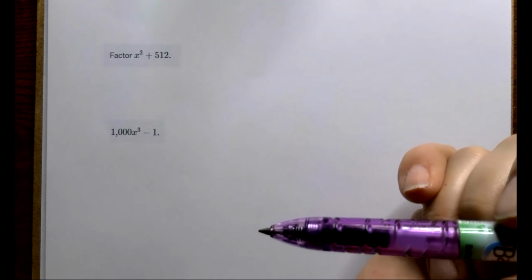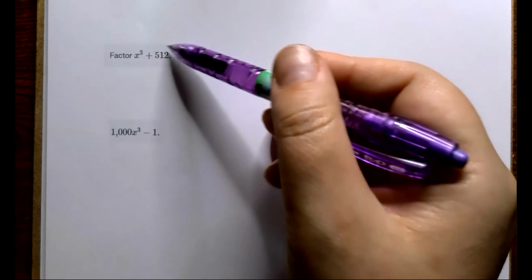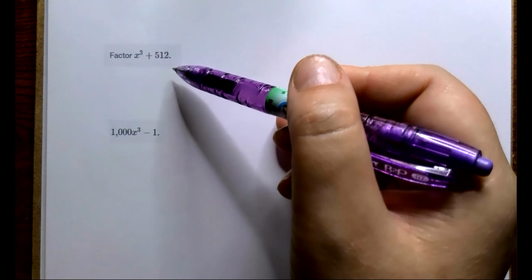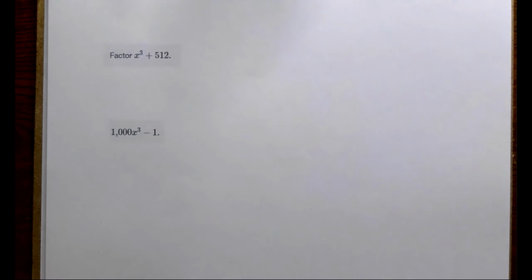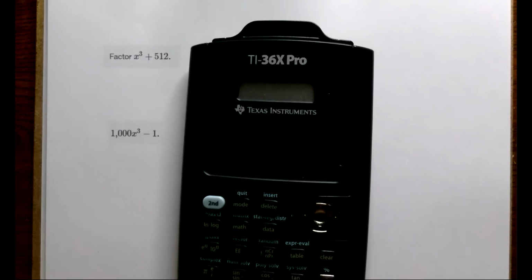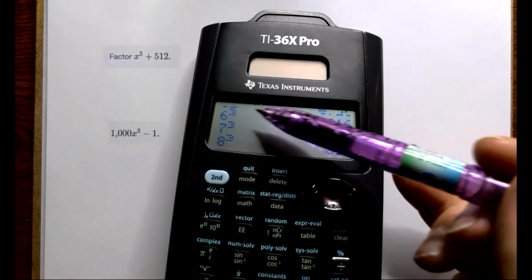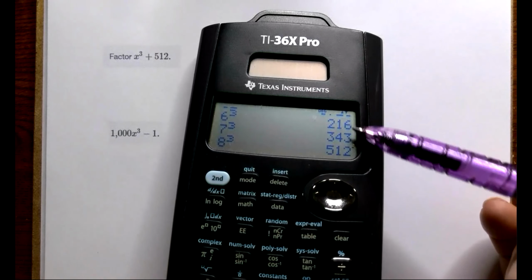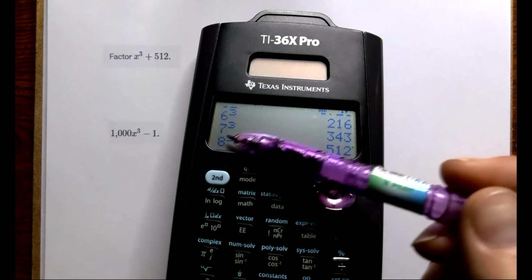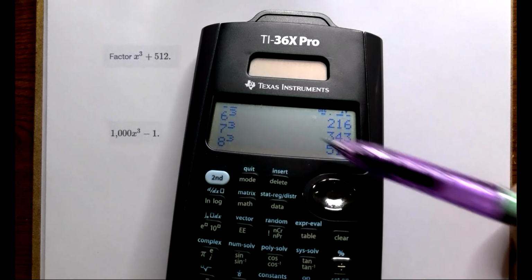The next one up is x cubed plus 512. I tried different cubes on my calculator to see which one 512 was, and I found that 512 is actually 8 cubed.